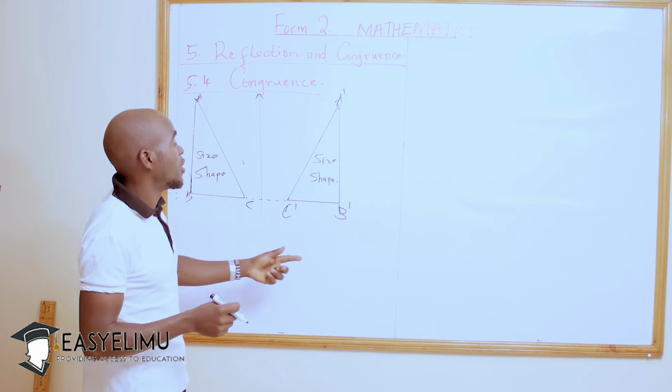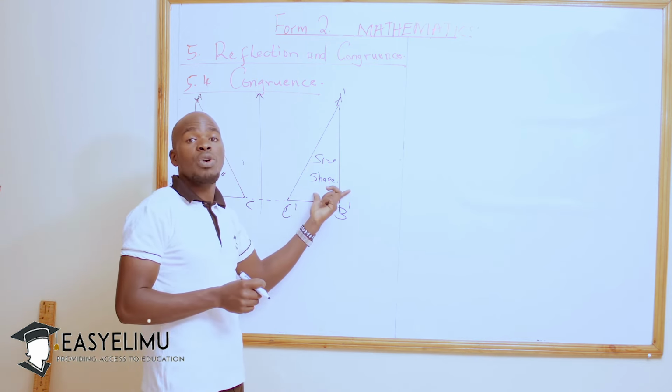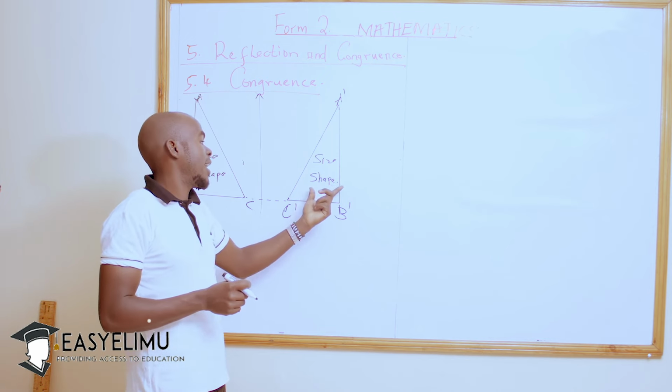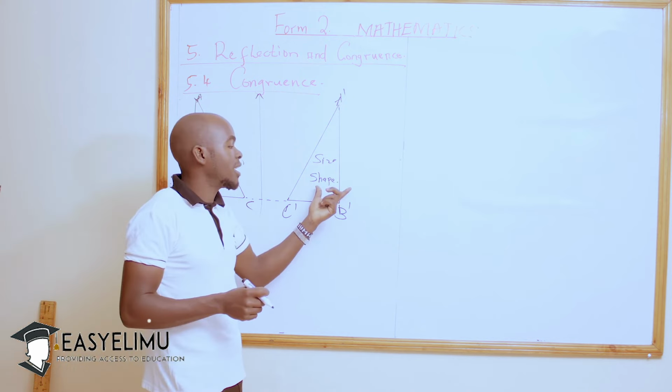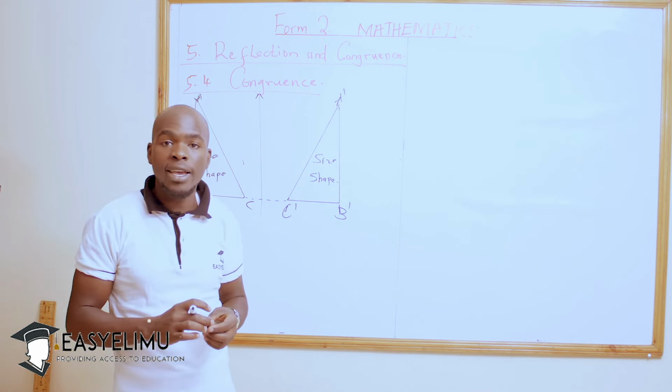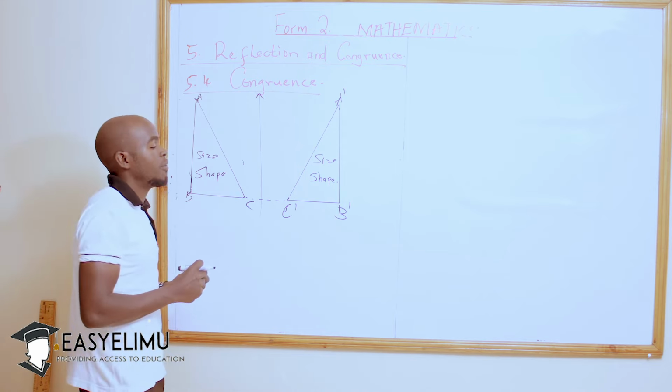So you will find the same figure as this. If you fit it here, it will fit here directly. But as you can see now, it cannot just fit directly, though they have the same shape and size. So in order to fit, we need to rotate it so as to make it fit there.